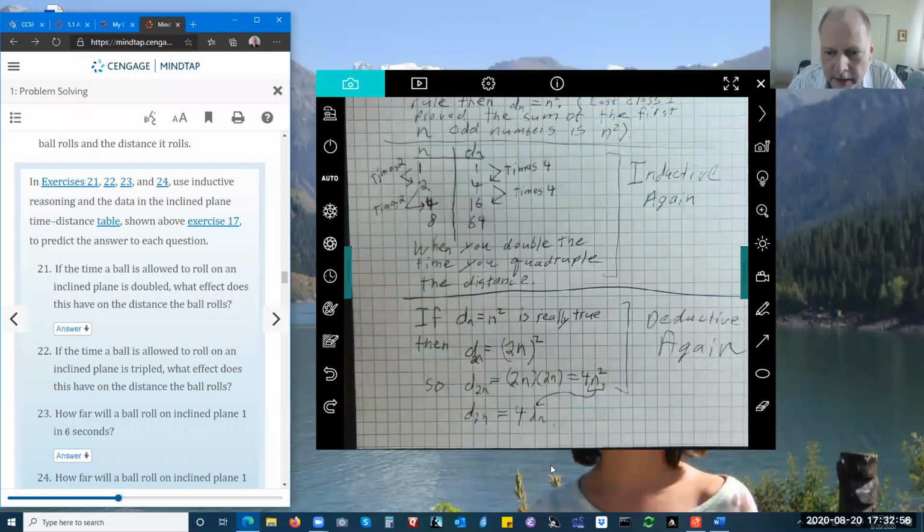Where did the 4 come from? See how I did 2n times 2n and I got 4n squared? So when the time was just n, the distance was n squared. But you make twice as much time, 2 times n, and you got 4n squared.